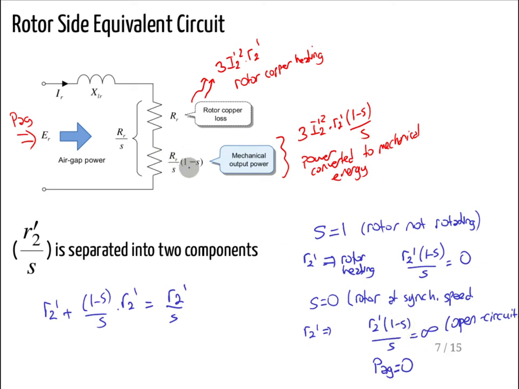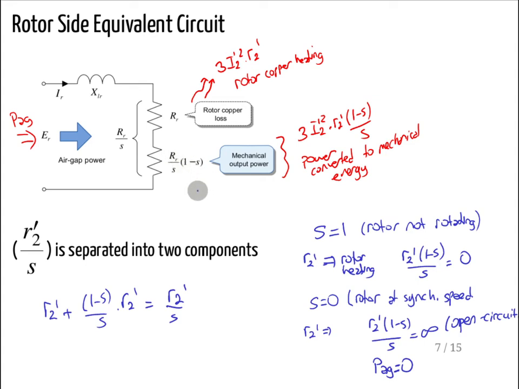Okay, again, let's have a look at that component. If the slip is 1, there's no mechanical power. If the slip is 0.5, then it is (1 minus 0.5) divided by 0.5, so it is 1 RR.